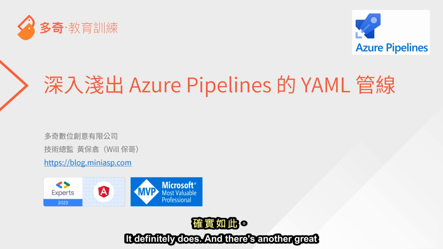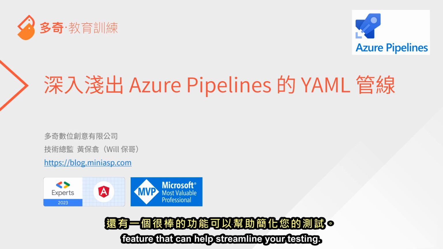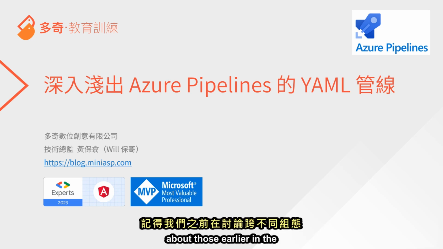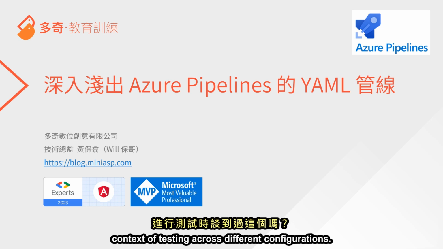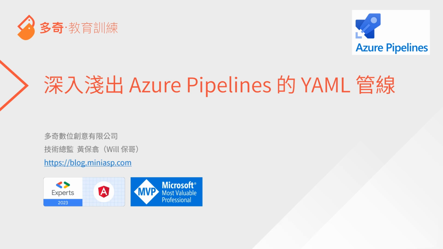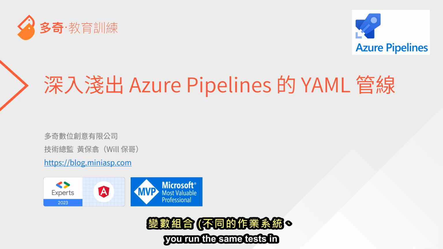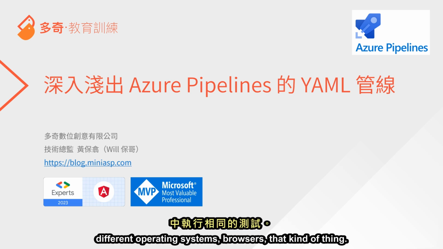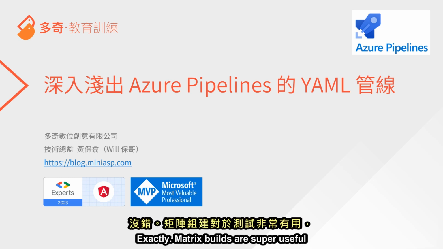It definitely does. And there's another great feature that can help streamline your testing. Matrix builds. Remember we talked about those earlier in the context of testing across different configurations. Right, matrix builds. Those are the ones that let you run the same tests in parallel across multiple combinations of variables, different operating systems, browsers, that kind of thing. Exactly.